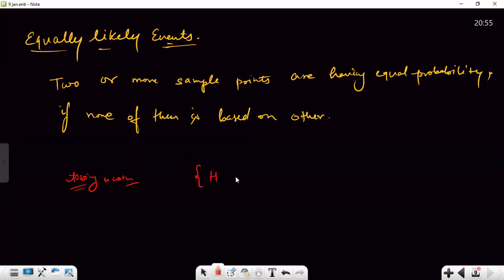So how many outcomes were there? Head or tail. And they are equally likely events. Head can come or tail can come because they have the same probability. Why? The probability of head coming is 1 upon 2 because it's one desirable event out of 2. And that is the same for tails also. So we can call them equally likely events.